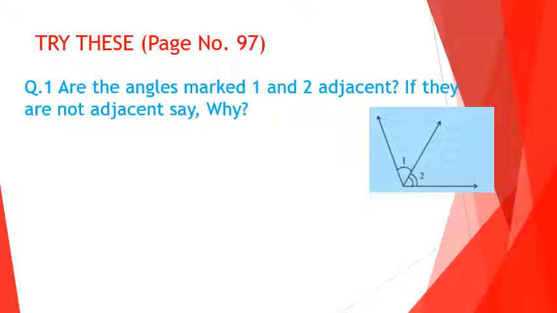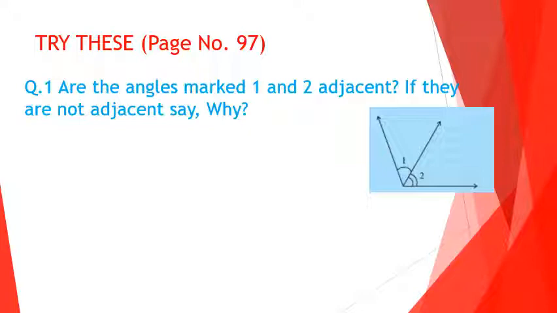First of all, it is a pair of angles. Two angles are said to be adjacent if there are three conditions. First one, a common vertex. Second, a common arm. And the third point is the non-common arms will lie on both sides of the common arm.